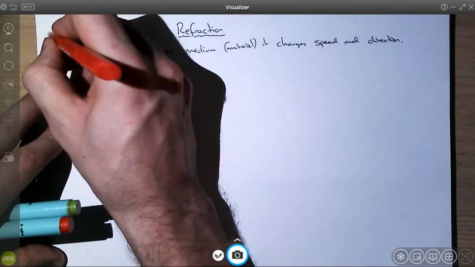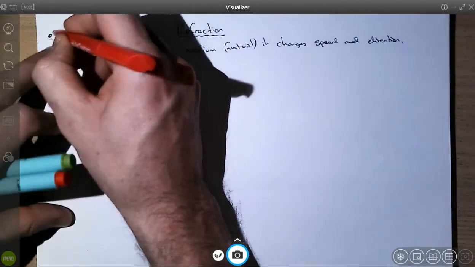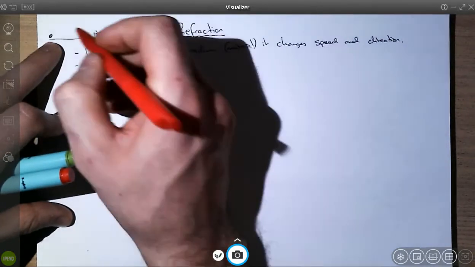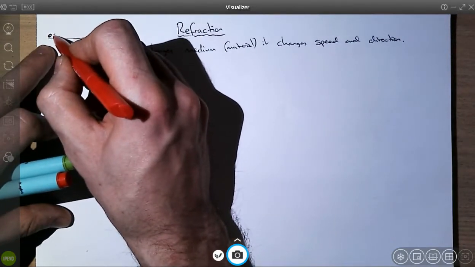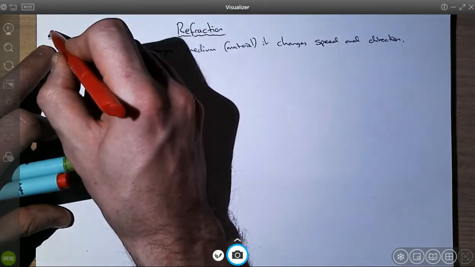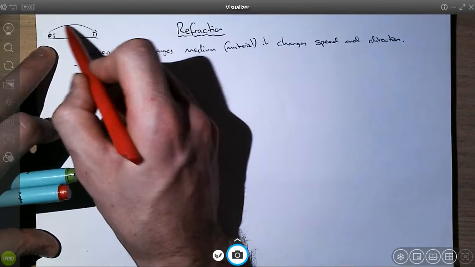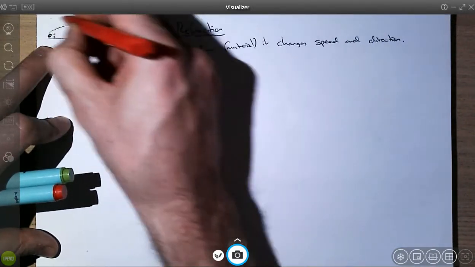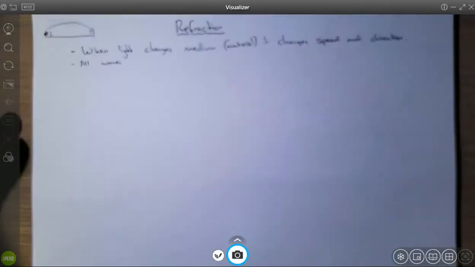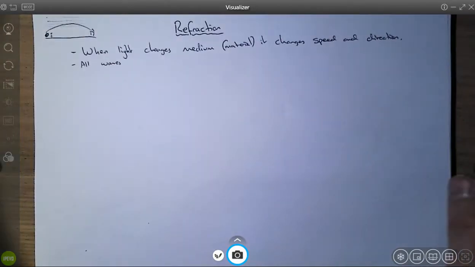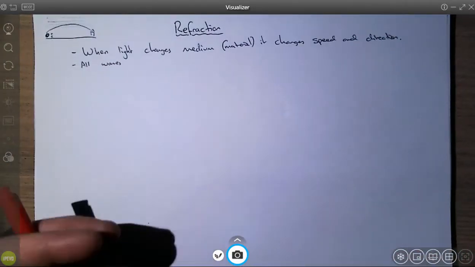And you can talk about things like, if there's a music festival going on and there's some houses really far away, people will hear the music festival really far away because the sound refracts, changes direction in the layers of the atmosphere when the air changes density. All nice extension stuff, but we're going to focus purely on the light stuff.